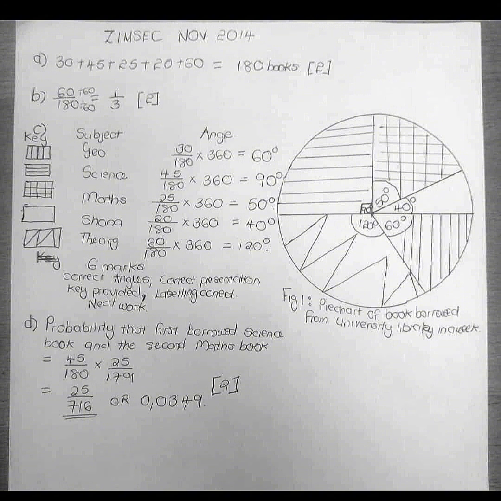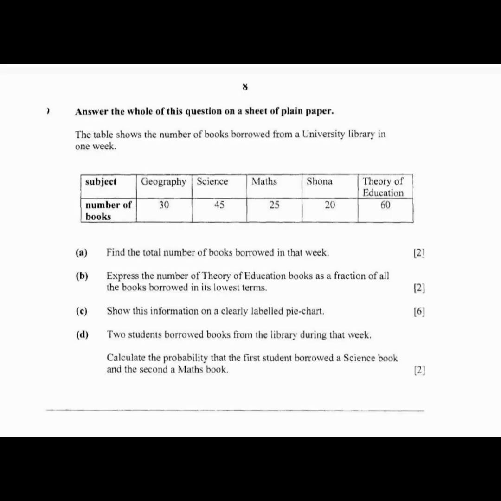Label angles inside the pie chart and provide the key. Finally, you need to label correctly that this is a pie chart of books that were borrowed from university in a week. And then the last question, it was on probability.